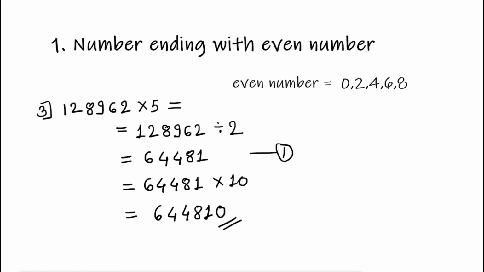By using this first technique, you can find the multiplication by 5 of any number that has an even digit at the end.